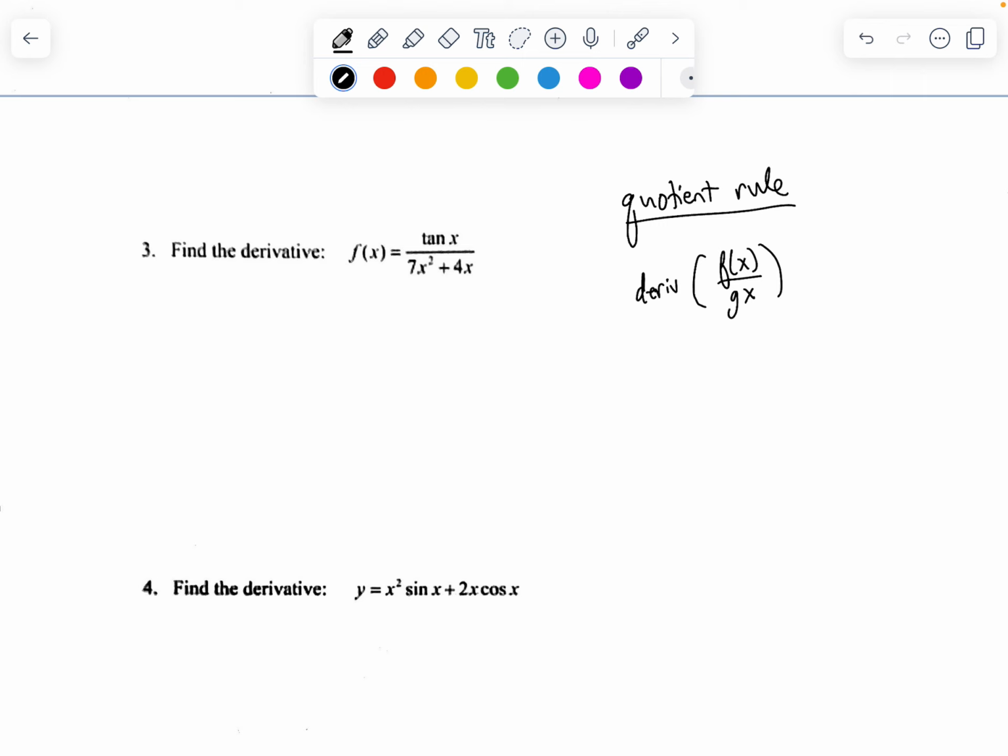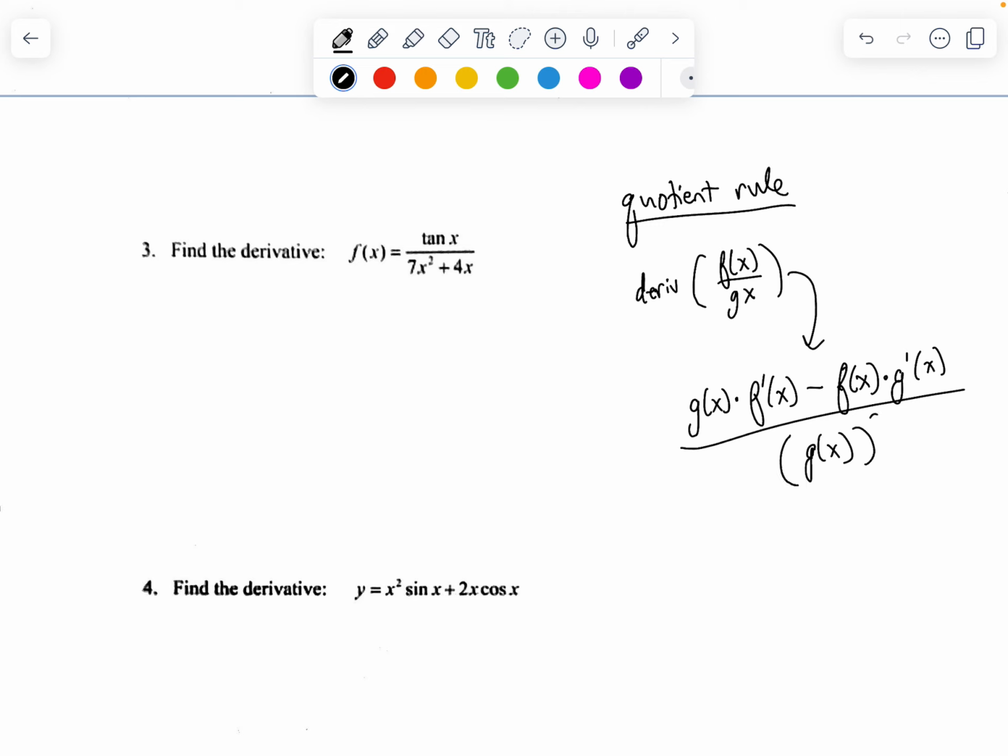That's where I have g of x times the derivative of f minus f of x times the derivative of g, all over g of x squared. That's the quotient rule, okay?